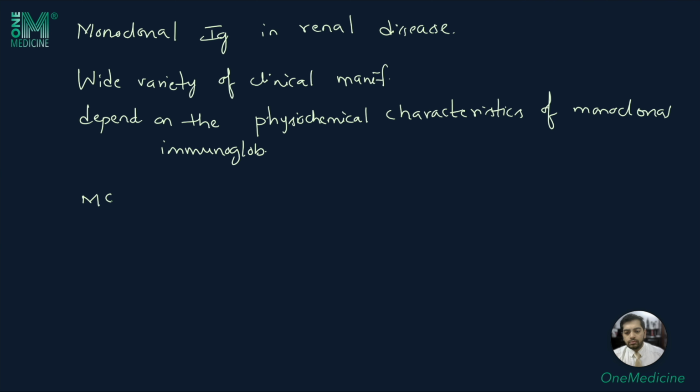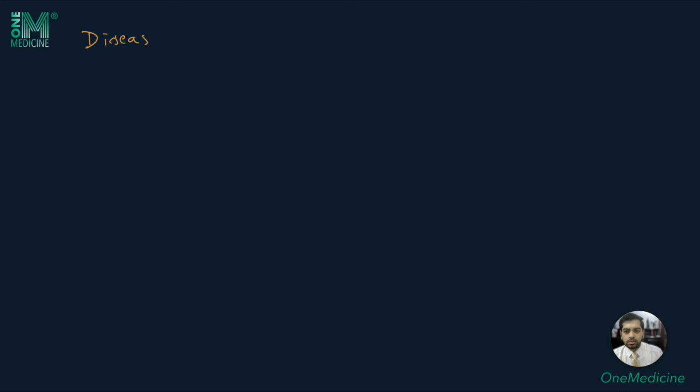The most common form is cast nephropathy, that is seen in multiple myeloma. Let's now look at the physicochemical aspect and the manifestations in each of these conditions.